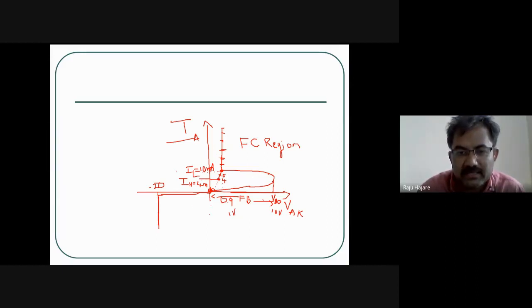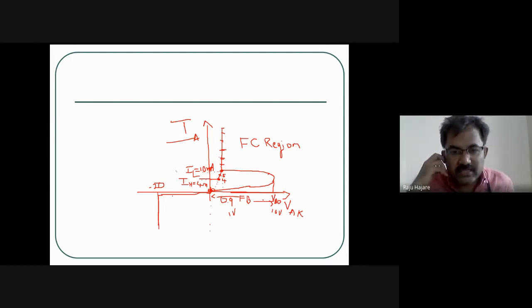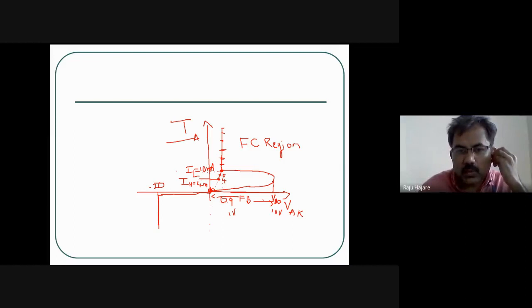The Y-axis is current, right? So reverse current can flow in the device, but that is not useful for us because the negative higher voltage may damage the device, it may burn the device. We call it a breakdown of the device, this point.